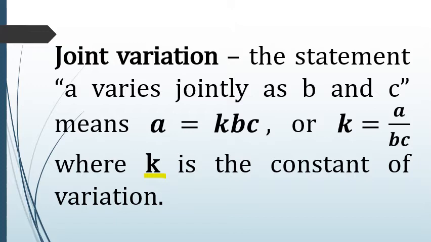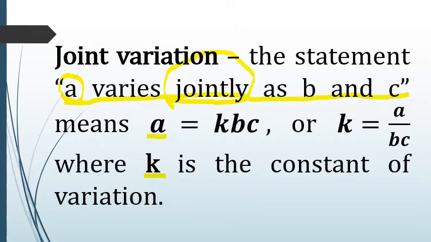Ano? So, ngayon, tingnan naman natin yung statement na A varies jointly as B and C. So, again, una na nabanggit ang variable na A. So, dito natin siya isusulat, then the equal sign. For jointly, yung word natin na jointly, so magkakasama lang yung constant and yung two variables na nabanggit.